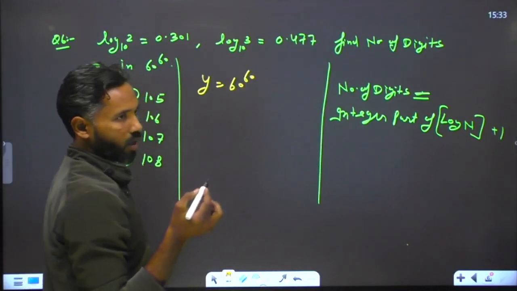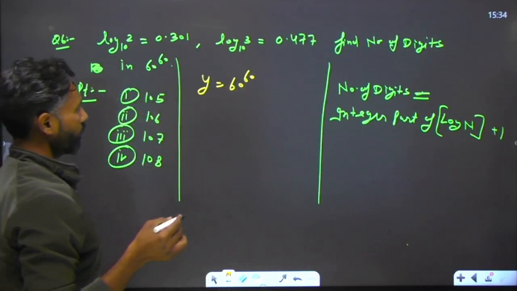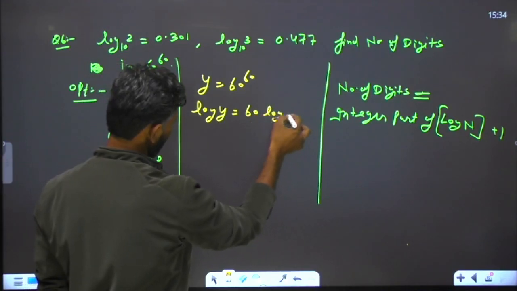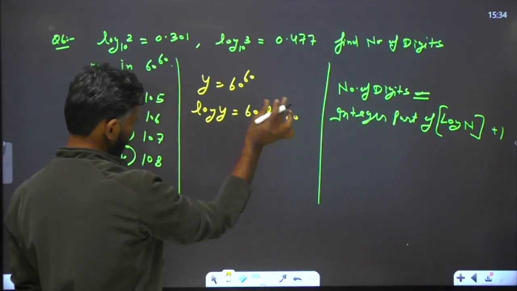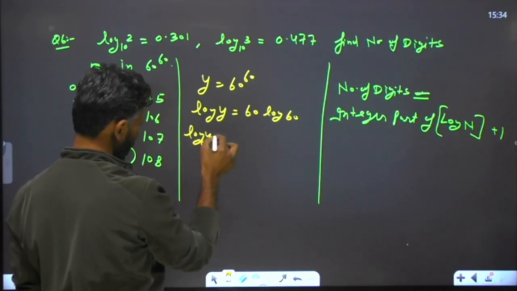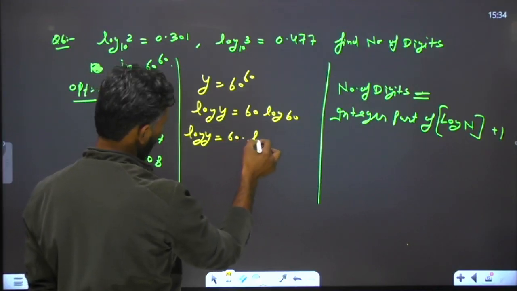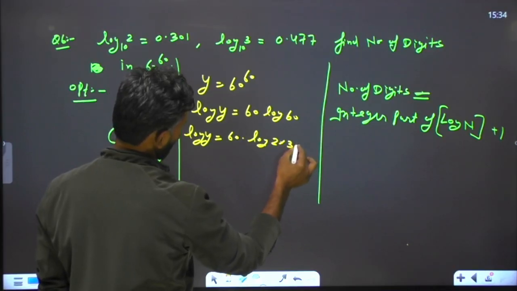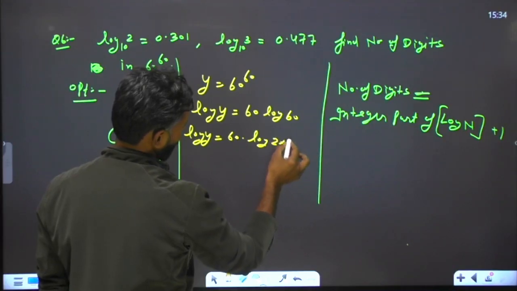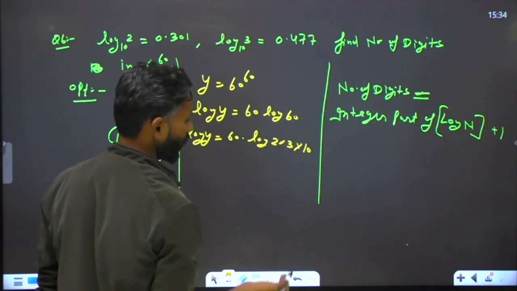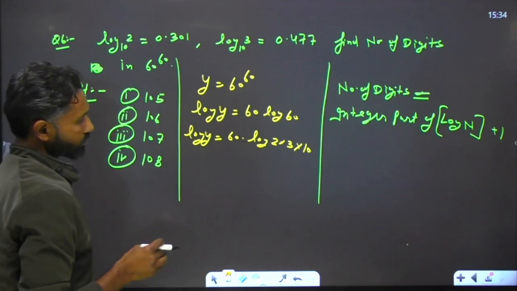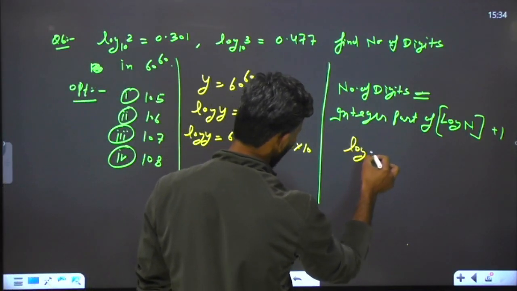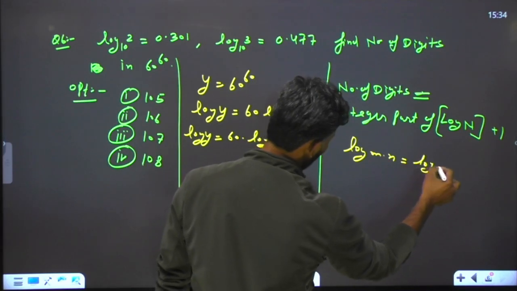Now taking log of both sides, I can say that log y equal to 60 log 60. Now this 60 can be written as 2 multiply 3 multiply 10. You have studied the rule that log of m into n will be log m plus log n.